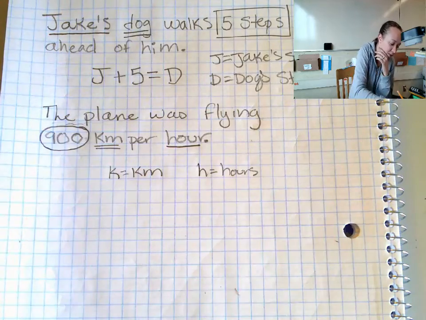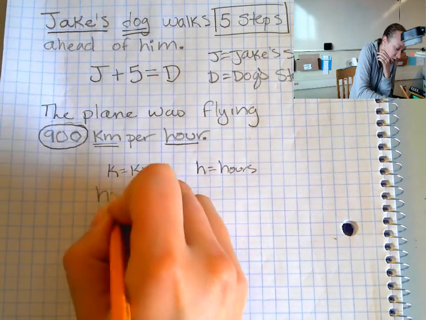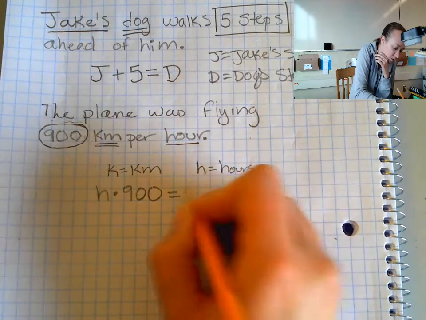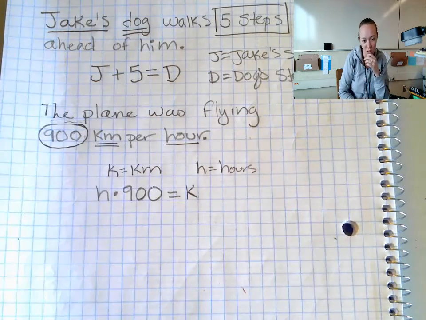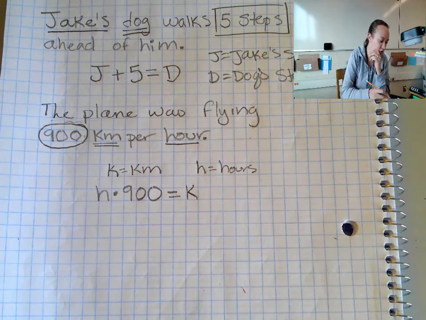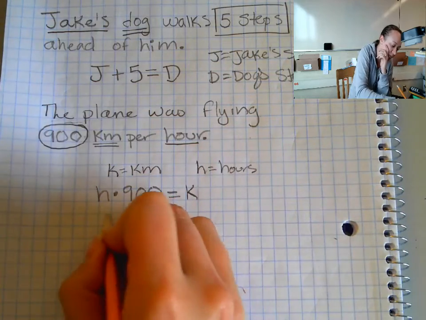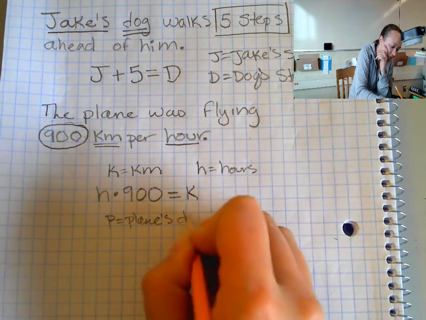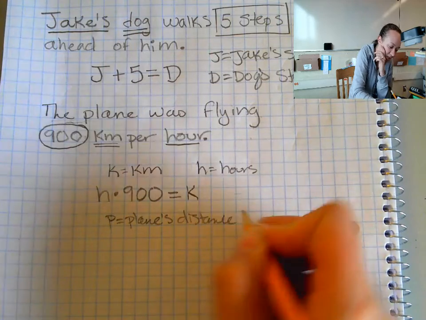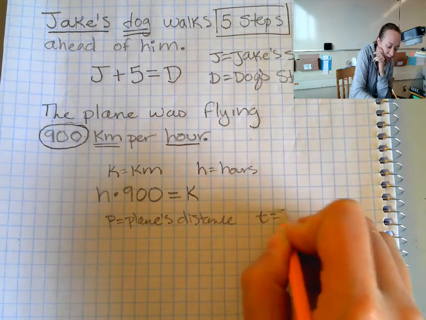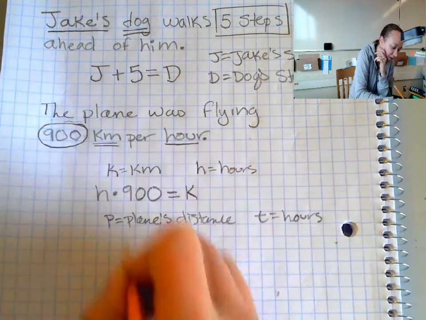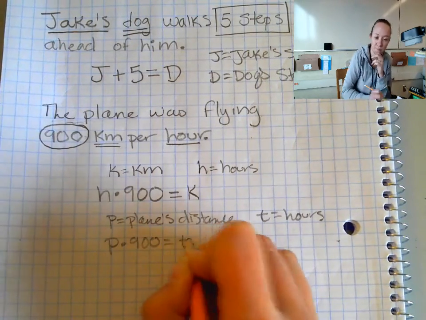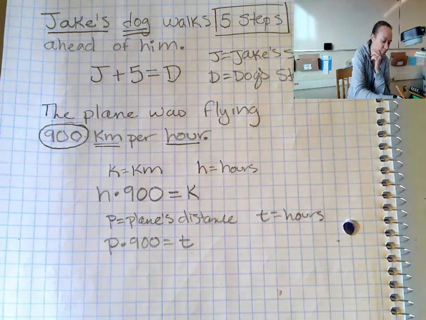So then we would say that the number of hours times 900 equals the kilometers. If you chose to have P equal the plane's distance, and maybe T equal hours, I could see someone doing that, and it would be T times 900 equals P. Okay? Any of those are fine.